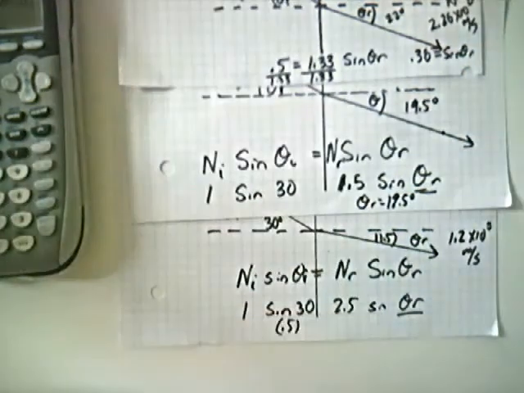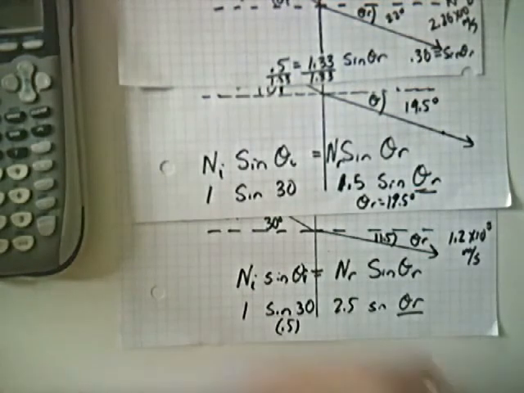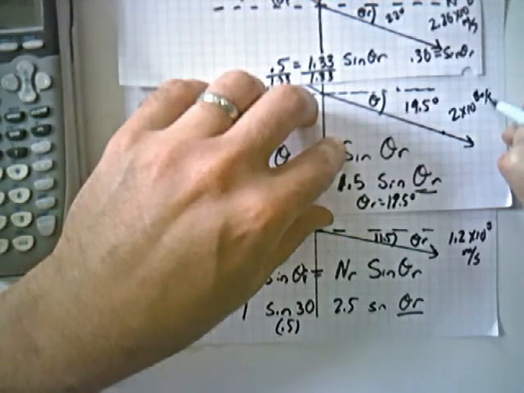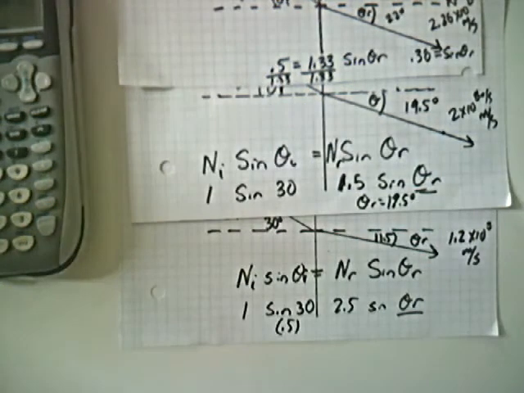And then the speed of light in glass was 2 times 10 to the 8th. So the more we slow down, the greater the bend will be, the closer we're going to bend toward the normal. And this is kind of how Snell's law works.